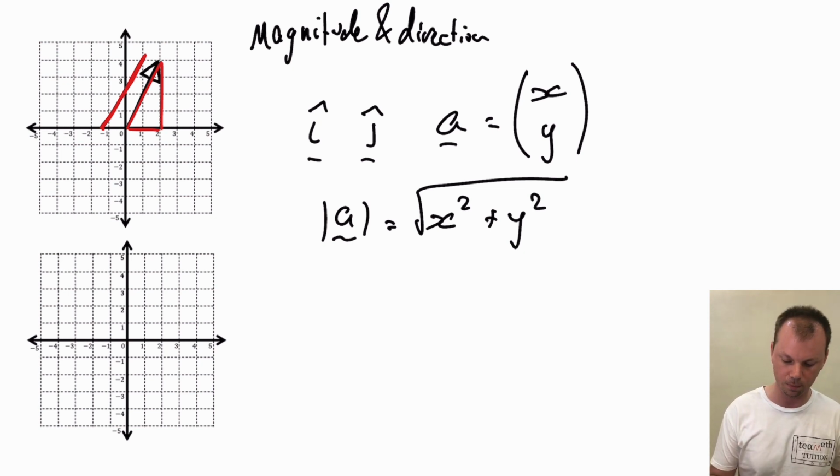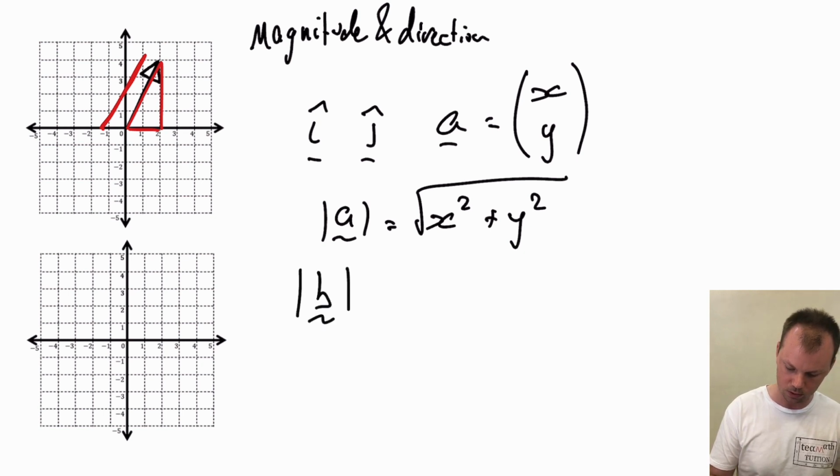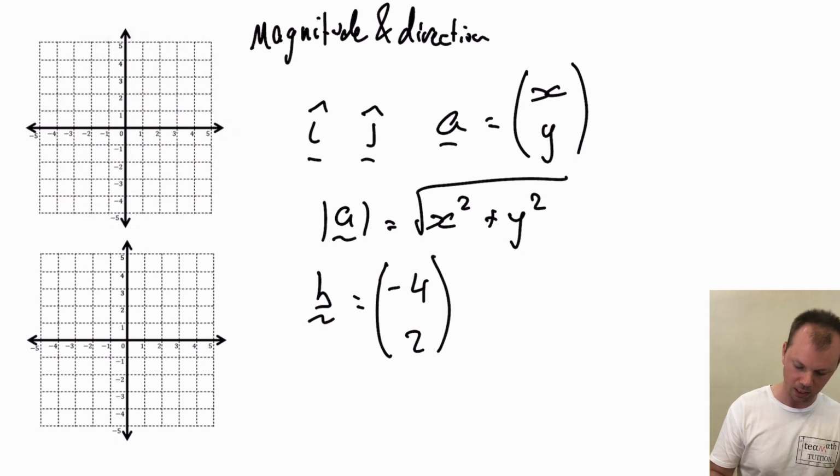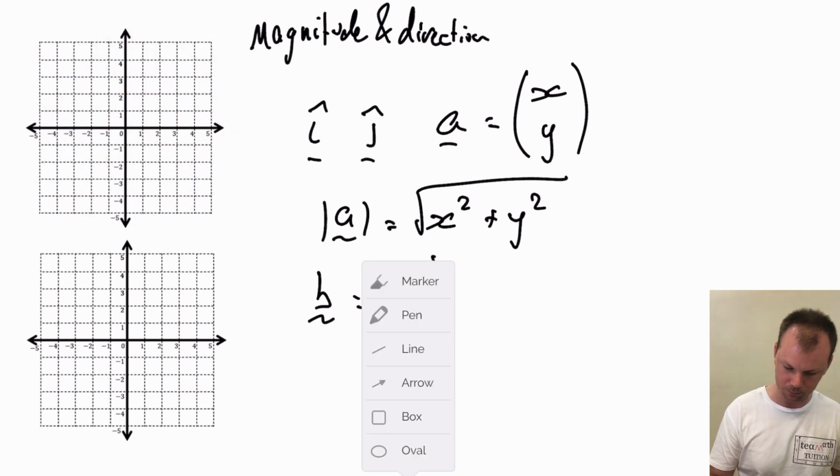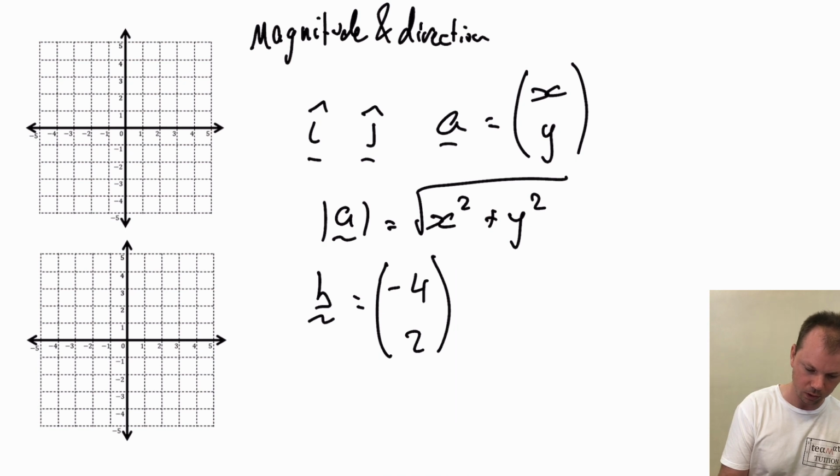and we can output the magnitude. So if I was to do another vector, B, let's do one with negative values. Let's do -4, 2. What that looks like, we've got -4 and 2 up.